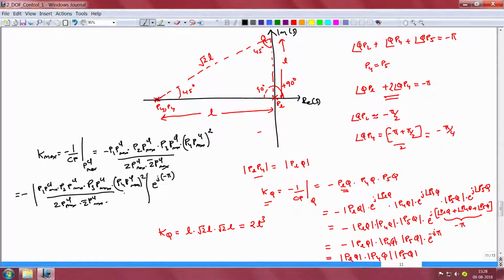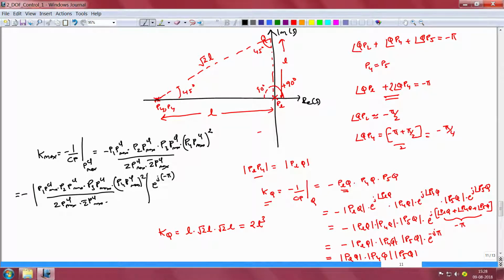The only term that is not known is |P4 PCL max| squared. Now what is that term? If we come back to the figure that we have here, we note that P4 PCL max refers to the distance from the point P4 to the point PCL max, and since the point PCL max is very close to the origin, the distance from the point P4 to the point PCL max is for all practical purposes equal to the distance of the point P4 from the origin itself.